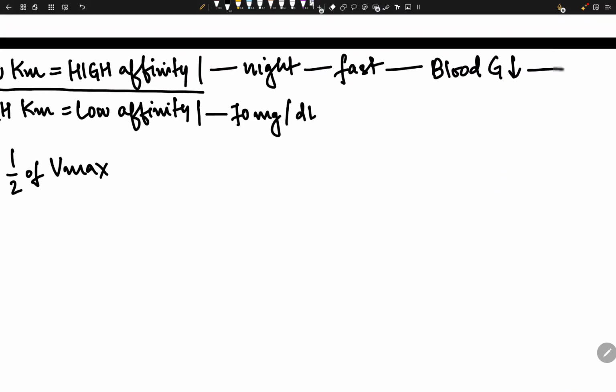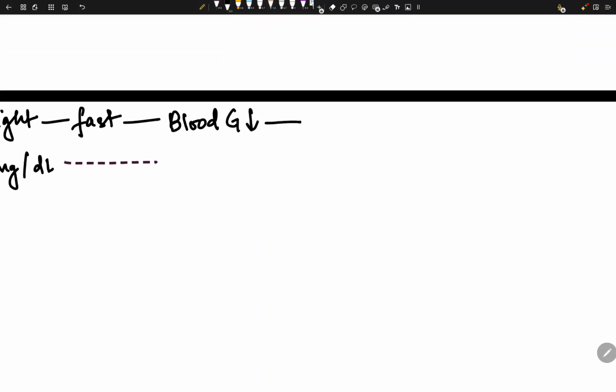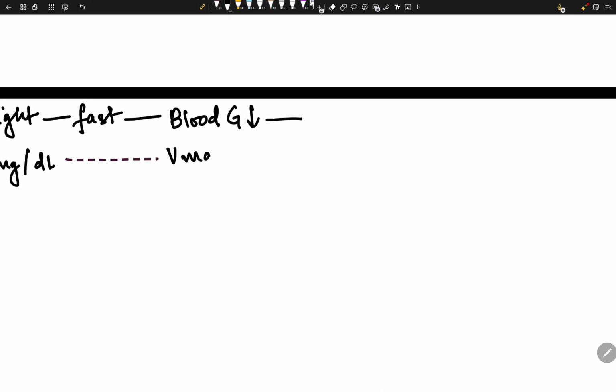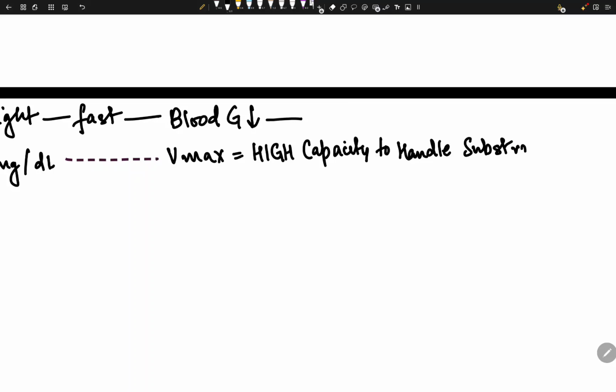So in other words, Vmax equals high capacity to handle substrate.